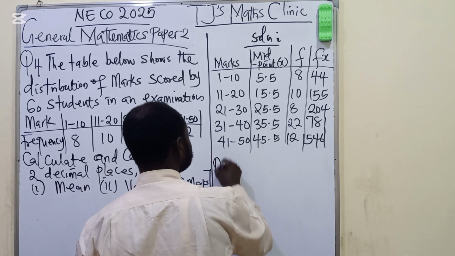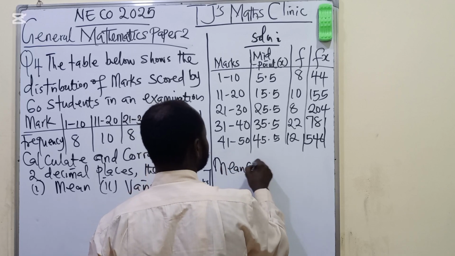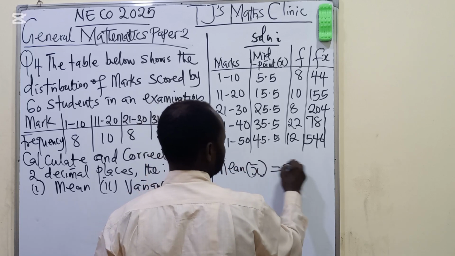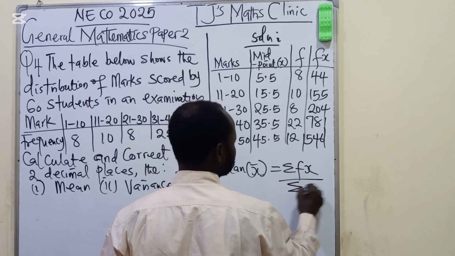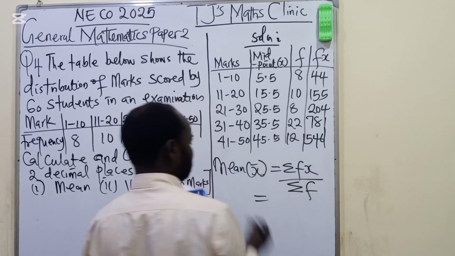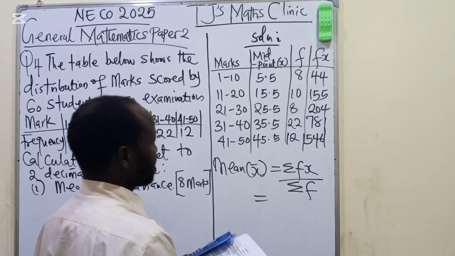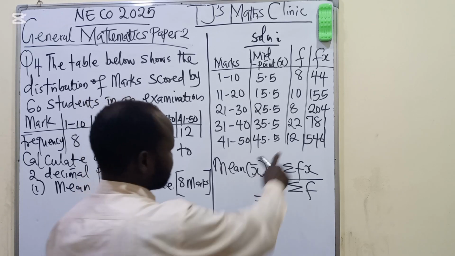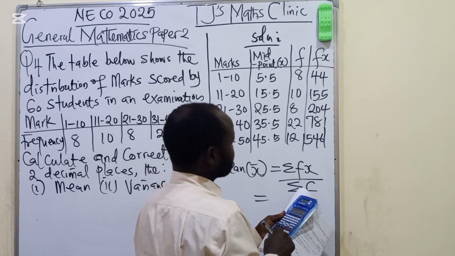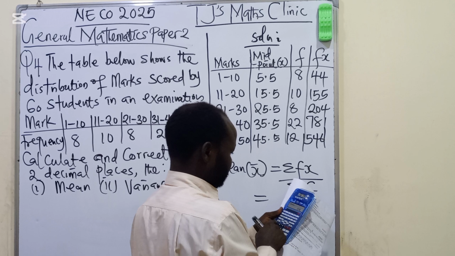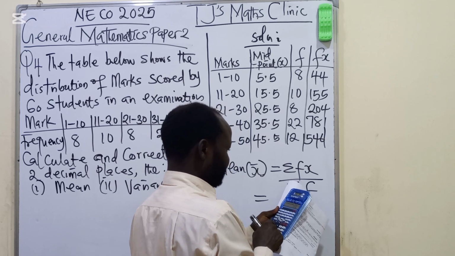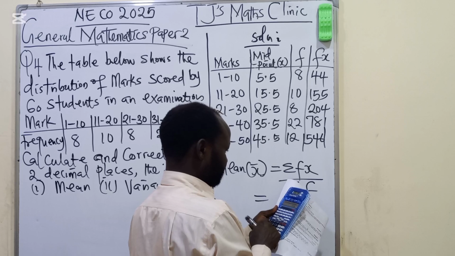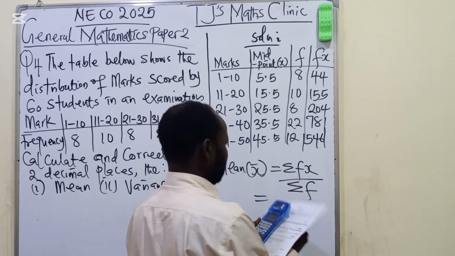And the mean of grouped data is summation fx divided by summation f. So we have to sum our fx. Let's add. We have 546 plus 78 plus 204 plus 155 plus 44.